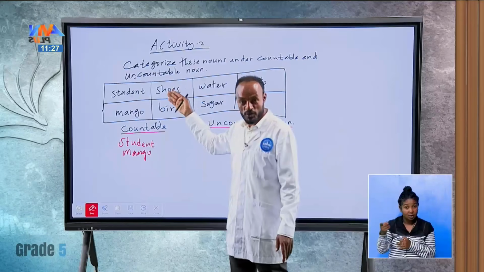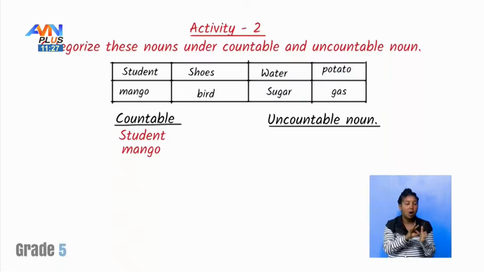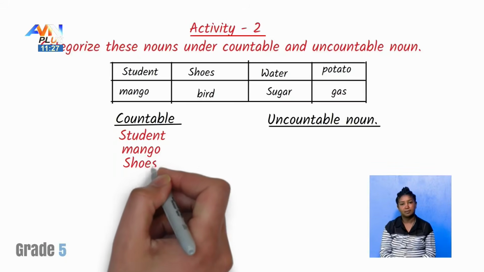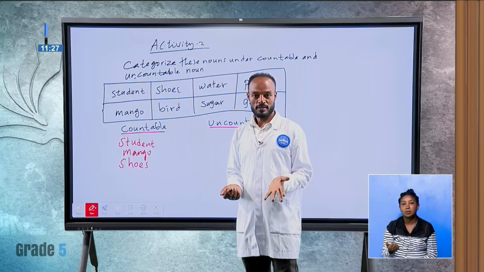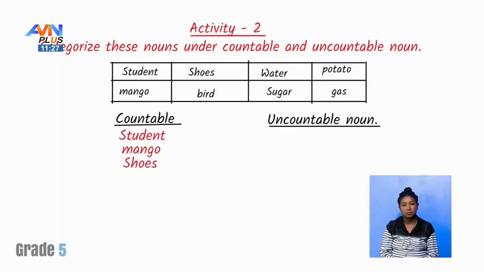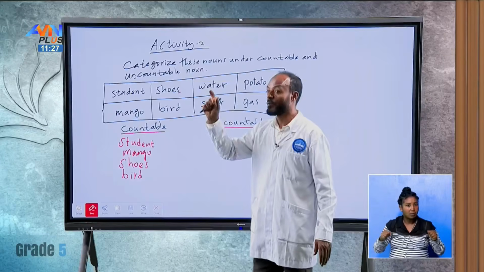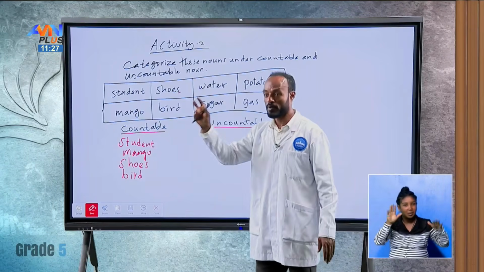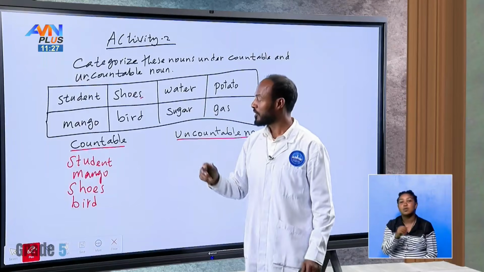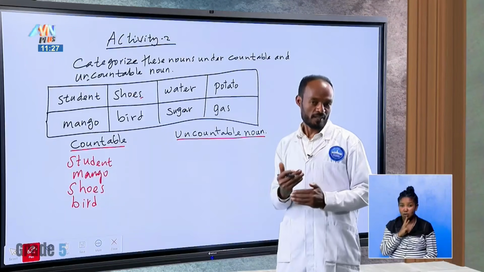Here, shoes is countable because it shows plural form. What about bird? The word bird should be here because we can say there are five birds, ten birds, isn't it? Bravo.